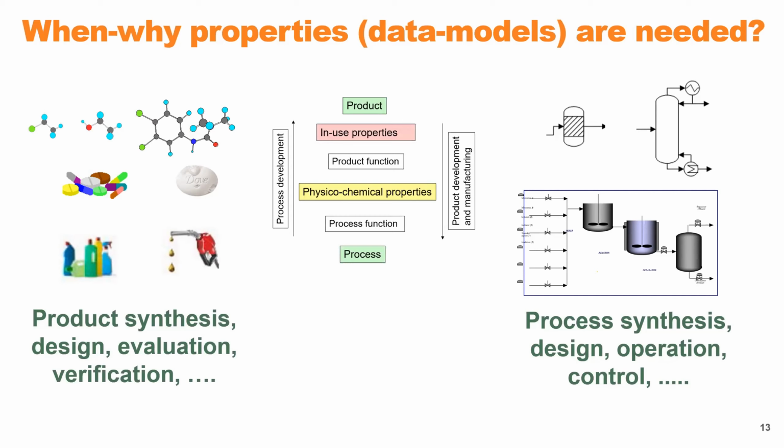Some of them affect the process, some of them affect the product. And then some other properties, like in the white box, which are called the process function and product function, affect the operation of the process, or they affect the performance of the product. And then through those properties, we can design the process or the product.